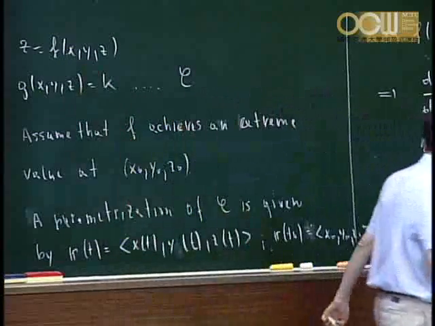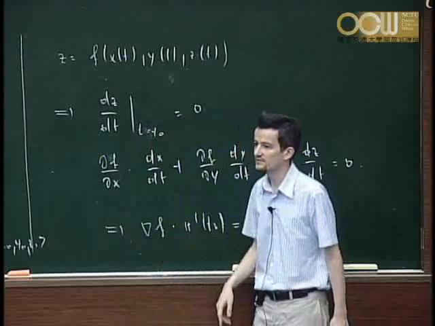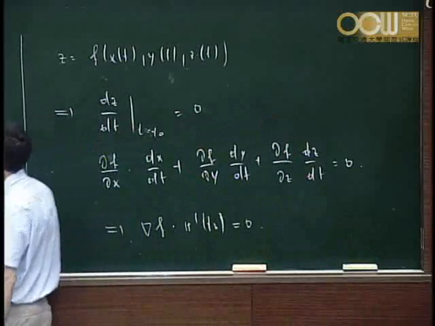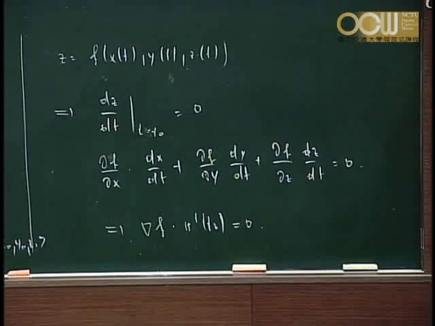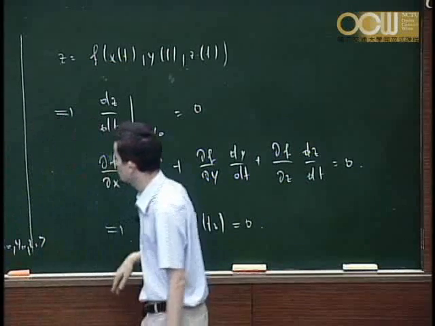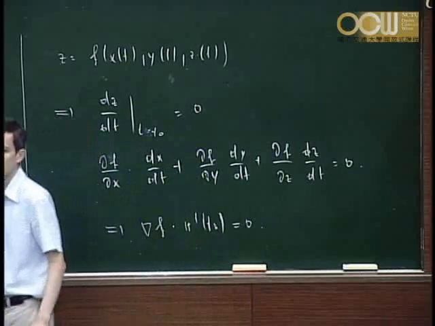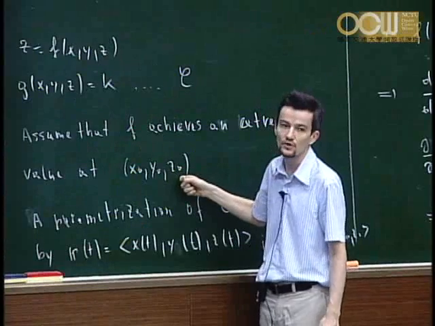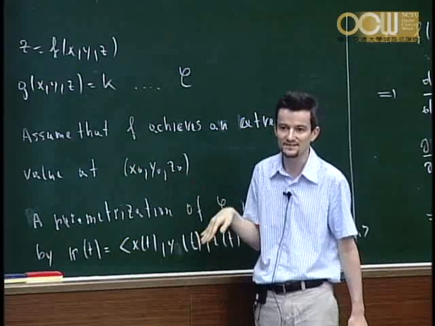Because the gradient of f, we know, is tangential to the level curve of f at the point x0, y0, z0. I should say at z0. Okay, the level curve with the value z0.